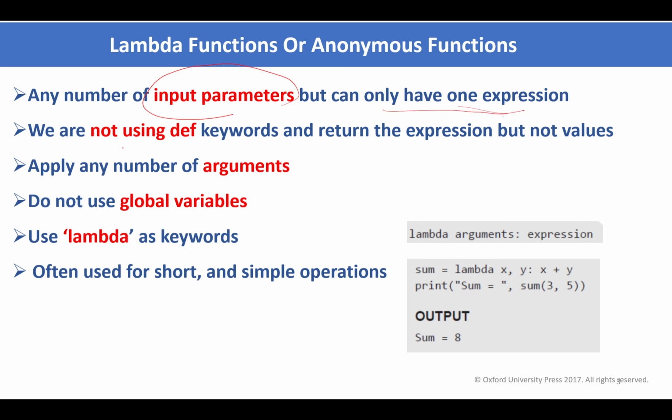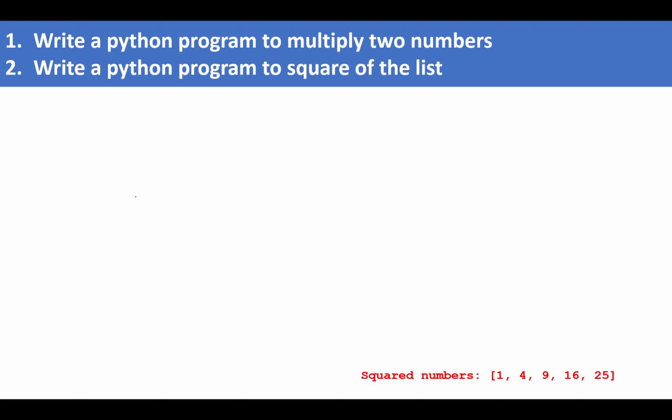We are not using the def keyword here because this is a very short syntax, and we are not going to write many things like in a def function in the program, and we also use return. So I give you some examples of this lambda function.